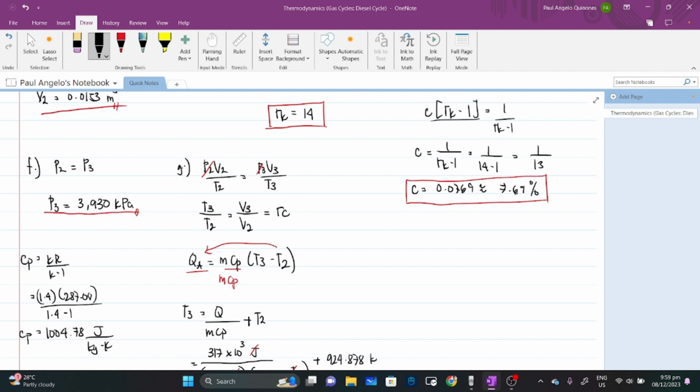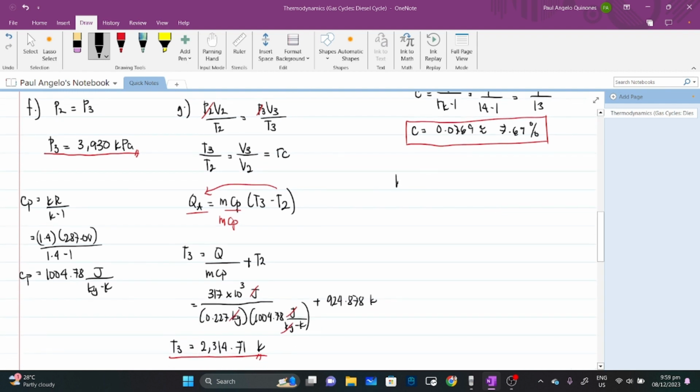So letter H. RC can be solved by V3 over V2 and also using T3 over T2. Since I have T3 and T2, I just need to get the ratio of that to solve for the cutoff ratio.